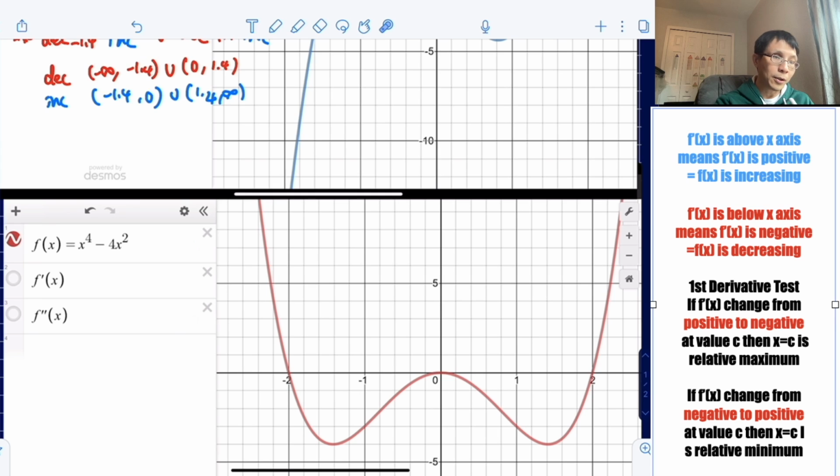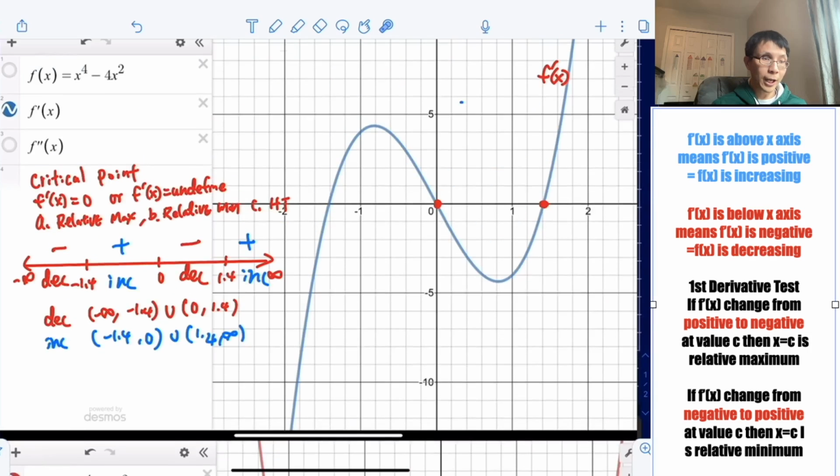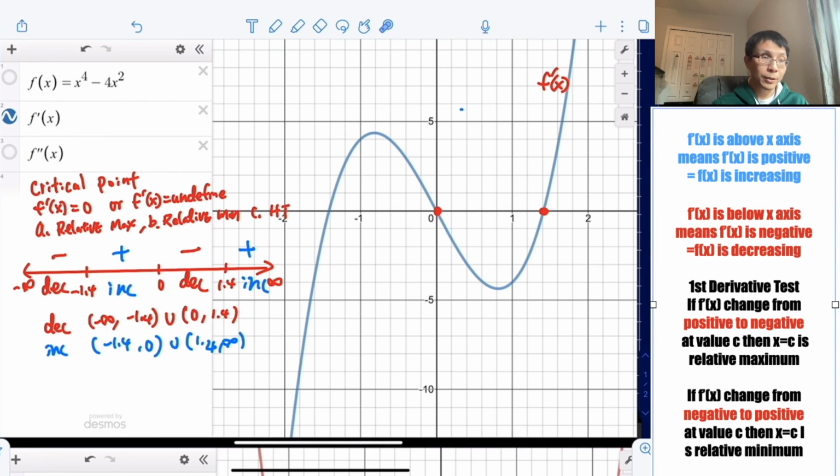And from 0 to 1.4 is also decreasing, which is right here. And the increasing is going to be in this region, from here to here, and from here and go up, which predicts exactly correct.